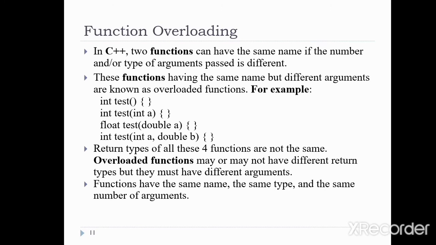Suppose we are determining the minimum of numbers: you may write a set of actions which determines the minimum of two numbers, another set which determines the minimum of three numbers, and yet another set which determines the minimum of four numbers. The set of actions is different but their overall purpose is the same.